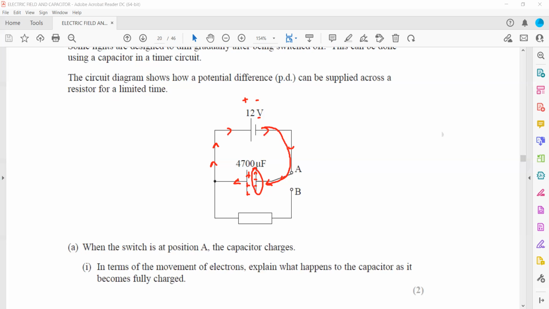So as the capacitor charges, the rate of flow of electrons decreases. When the capacitor is fully charged, the voltage across the capacitor is the same as the voltage of the supply. Like if we have a 12 volt supply, this will also be 12 volt.